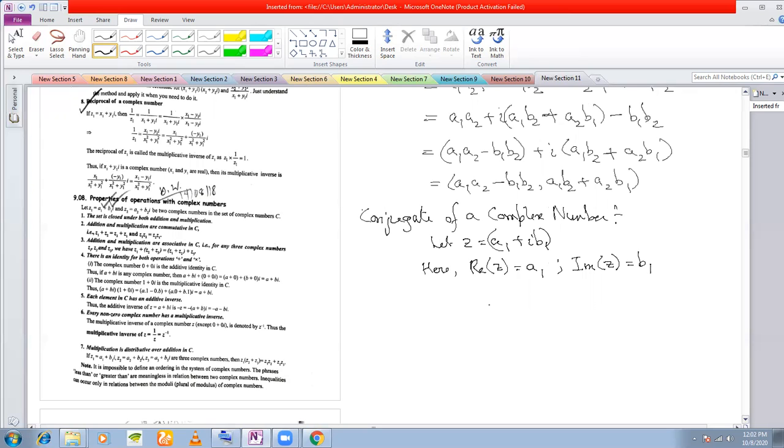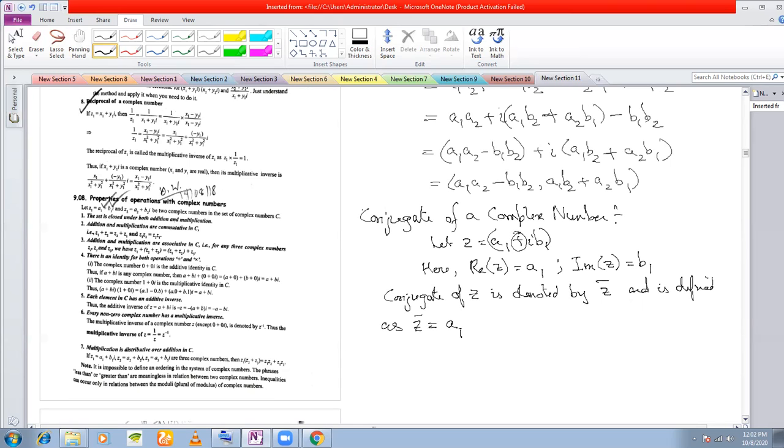Okay. Now we want to define a conjugate of a number. Remember that the conjugate of a complex number z is denoted by z with a bar on top, z bar, and is defined as z bar is equal to a1, and you change the sign of the imaginary part.